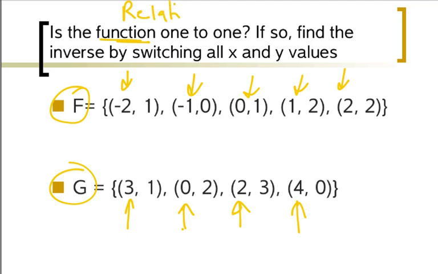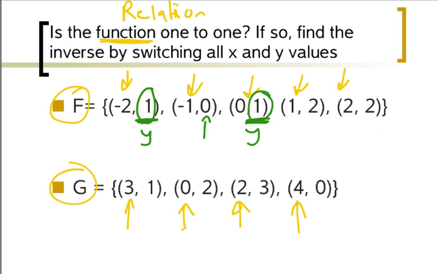And you might be asked the question, is the relation one-to-one? Well, first I'm checking to see if it's a function to make sure that all my x values are different. And now, to see if it's one-to-one, I need to make sure that all my y values are also different. So on the first one, I'm looking at 1, 0, and then I have 1 again. Because there is a 1 here and another 1 there, and they're both y values, that means they repeat.